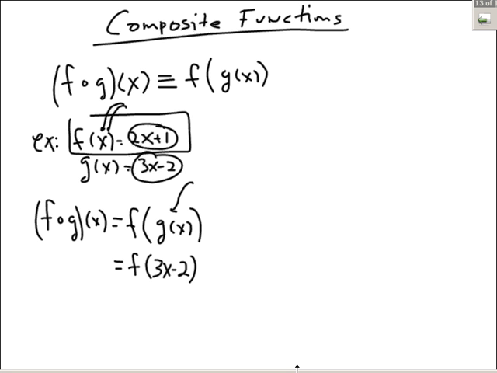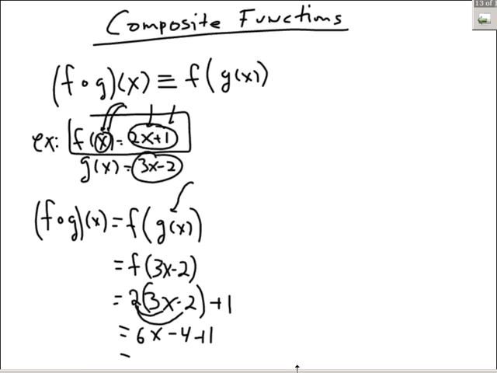Whatever you plug between the brackets, what does f do to it? It multiplies it by 2 and adds 1, regardless of what goes in the brackets. And then you get 6x minus 4 plus 1, or 6x take away 3.